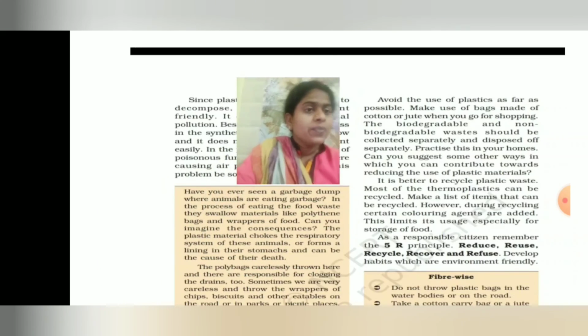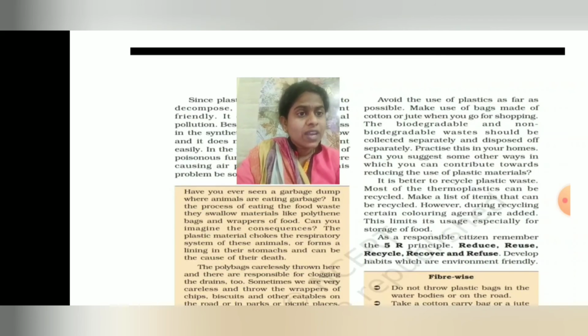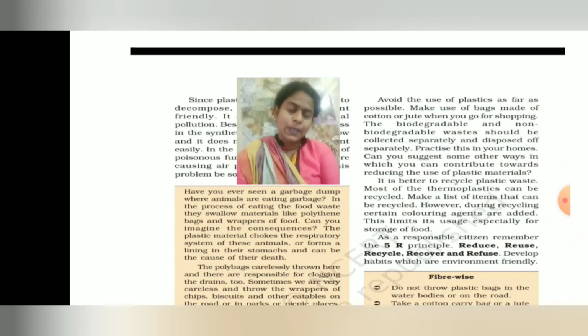See here, avoid the use of plastic as far as possible. Make use of bags made of cotton or jute when you go shopping. Biodegradable and non-biodegradable waste should be collected separately and disposed of separately. This is also being followed nowadays in the municipalities.